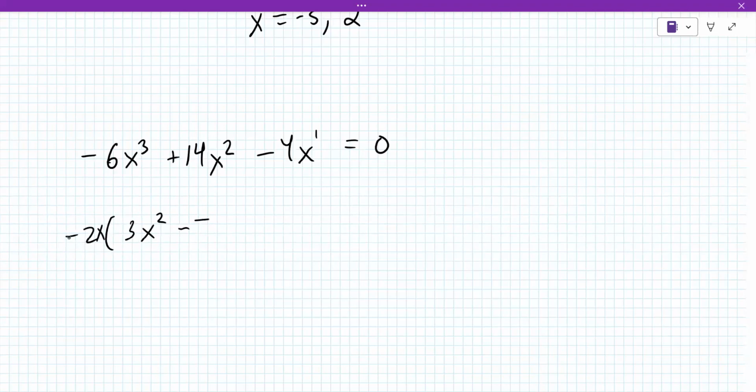Wait, maybe you gotta keep going. So it'd be 3x squared minus 6x, minus x plus 2. And then you factor out 3x, and then you'd get x minus 2, x minus 2. So 3x minus 1, x minus 2, x equals 2 and 1/3.